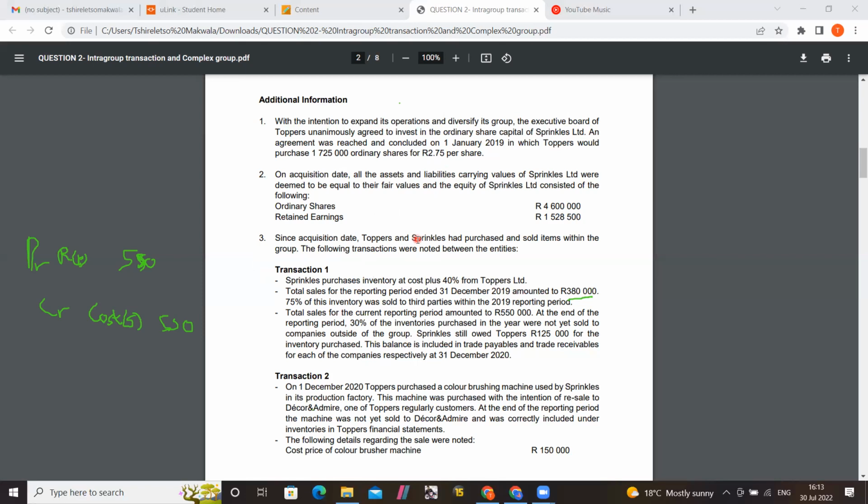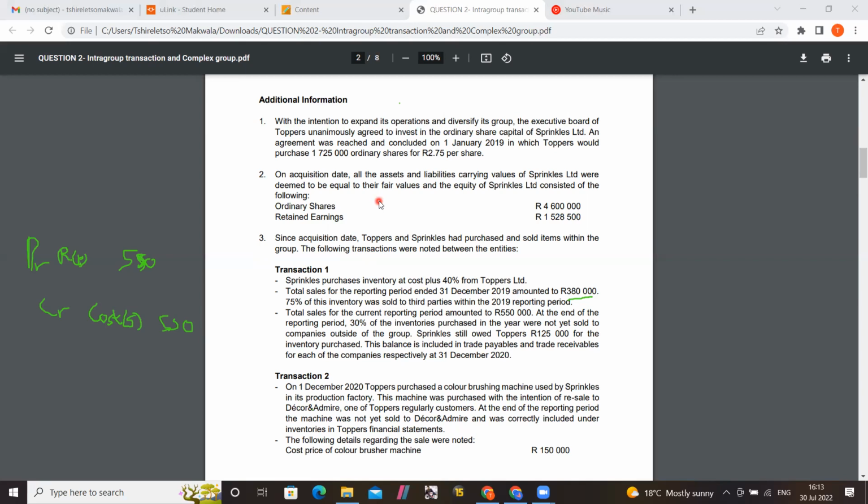So now we can use this 165,000 to calculate what it is overvalued by, the unrealized profit. So we said 165,000 multiplied by what we want, which is the profit, divided by what we have. What we have is the cost price plus the 40%, the selling price.